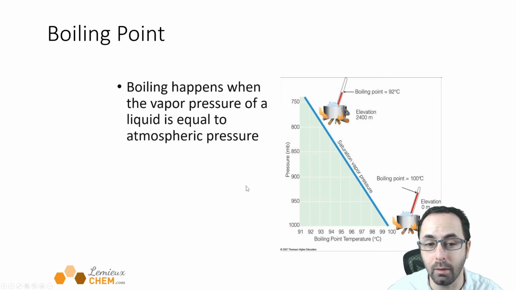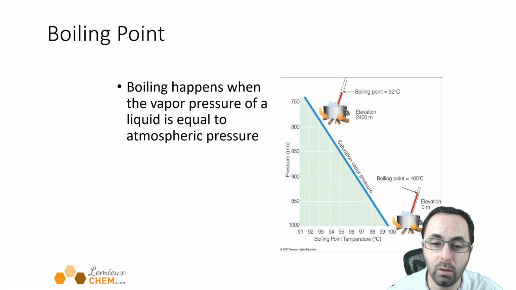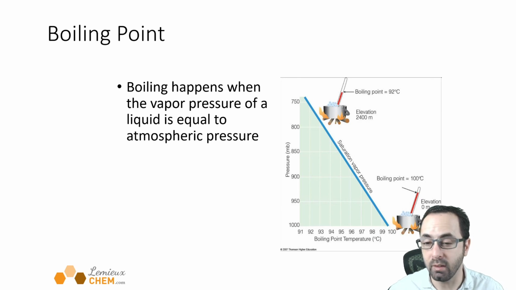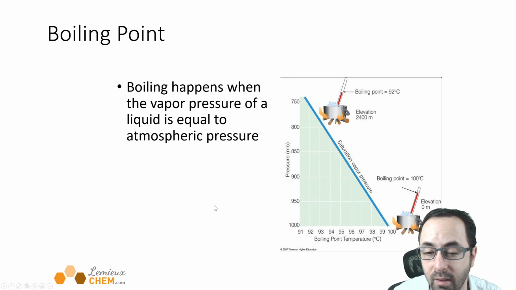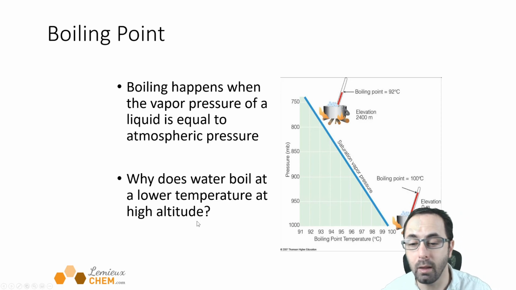That is what boiling is. So boiling happens when the vapor pressure of a liquid becomes equal to the atmospheric pressure. And generally we'll boil a liquid like water by increasing the temperature. And once the temperature gets high enough, then the vapor pressure is the same as the atmospheric pressure and the water boils. So the big question is, well, what about altitude?